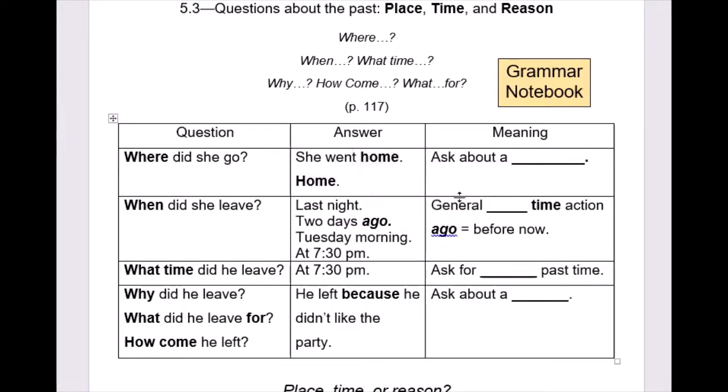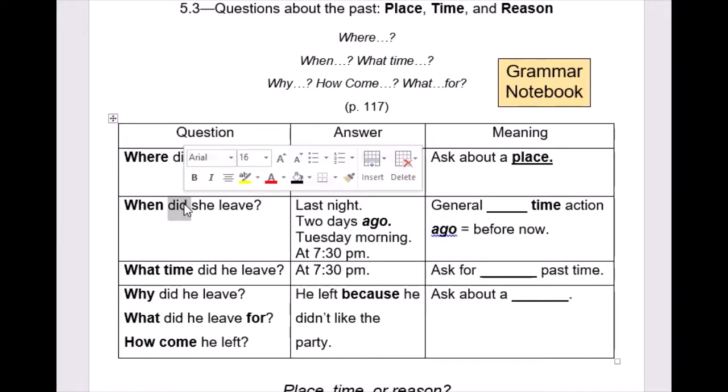And so the meaning, where did she go? I want to ask about, am I asking about she or her? No, I'm asking about a place. Okay. So you can copy this in your notes, and I want you to fill in with me in your grammar notebook.